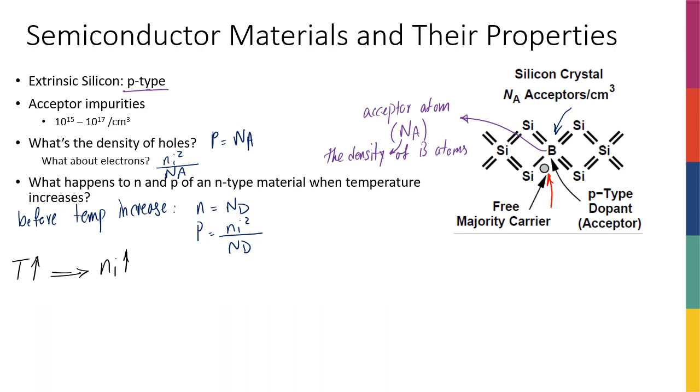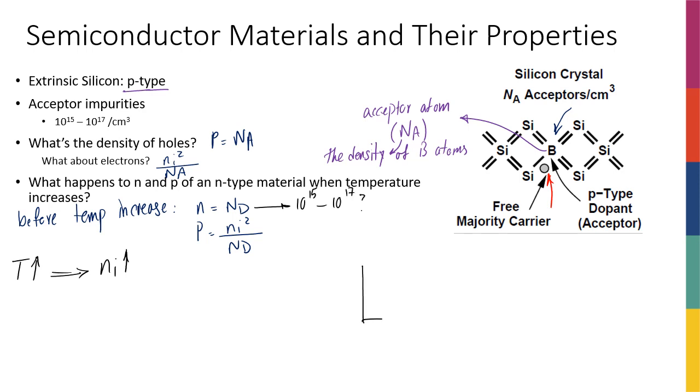But then if the number of electrons is increasing and Ni is in the order of 10 to the power of 10, and it's increasing, let's say, even by a factor of 10, it becomes 10 to the power of 11. Does that change the density of my free electrons, when the density initially was Nd, which is somewhere around 10 to the power of 15 to 10 to the power of 17?